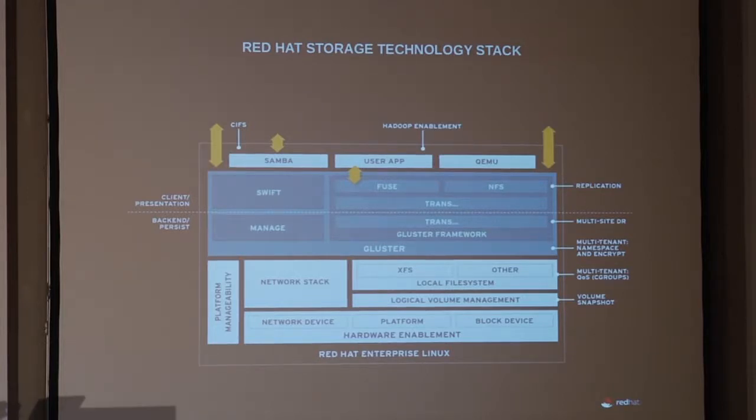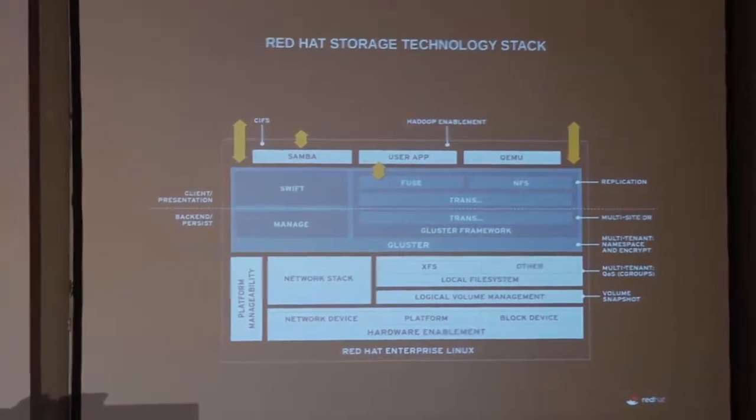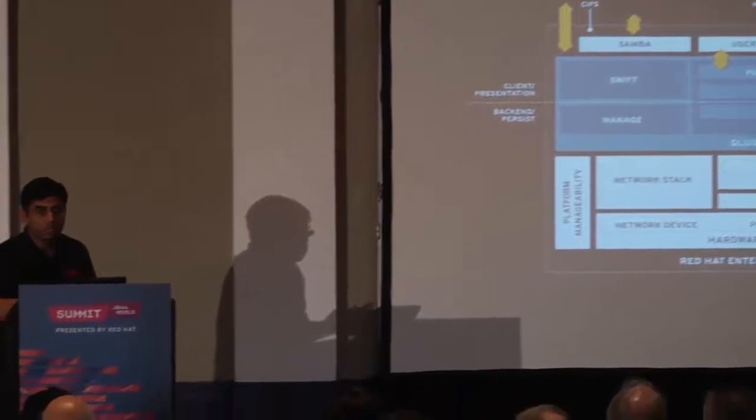So translators are nothing but modular units that are essentially stacked together to build a Gluster process. So as Shayan mentioned, you could stack up a compression translator, an encryption translator, and the resulting effect of that is that you would have your data compressed and encrypted.